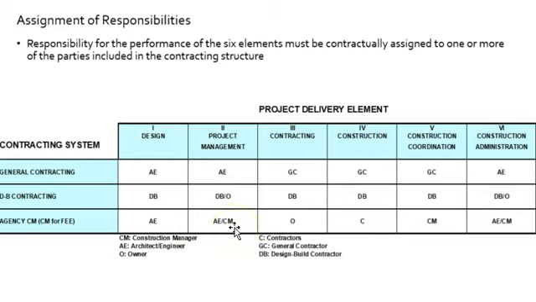The construction manager is there to offer guidance. The contracting is taken care of by the owner, and then here the construction is taken care of by the contractors, and the coordination is again held or managed by that same construction manager. And then here at the end, again, that same construction manager offering guidance along with the A&E group.